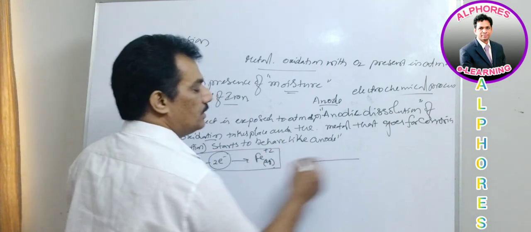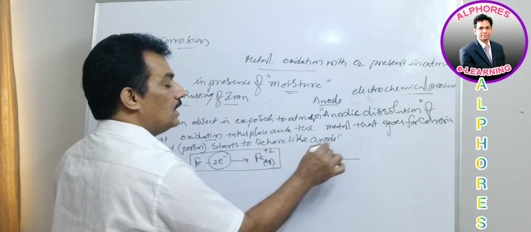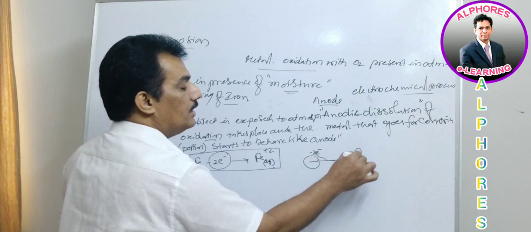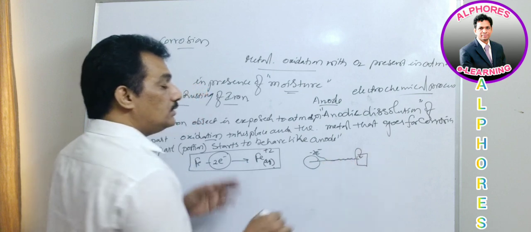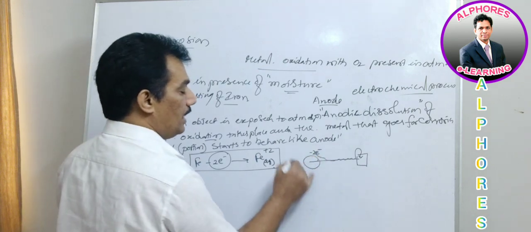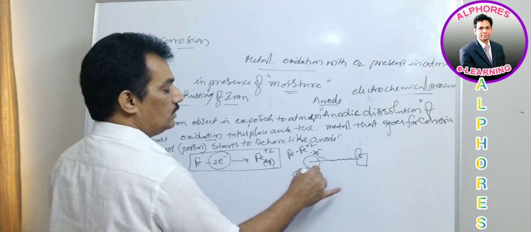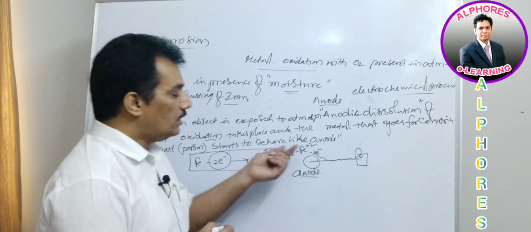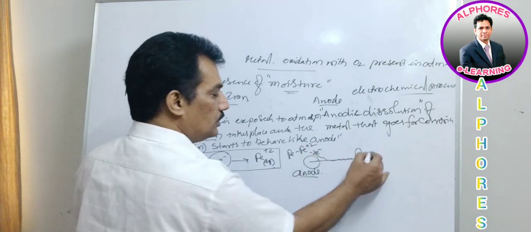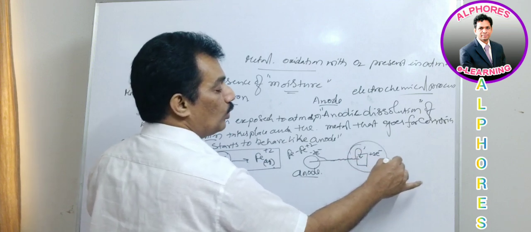These electrons migrate through the metal, and at some other part those electrons get used. The part where iron converts to Fe2+ is behaving as anode. This is the anodic part. After releasing the electrons, they migrate to the other part of the metal, where the electrons are taken. This part is now behaving as cathode.